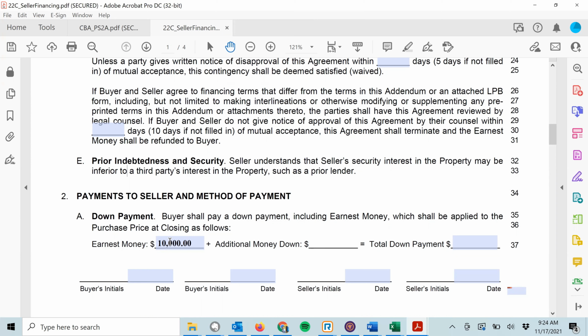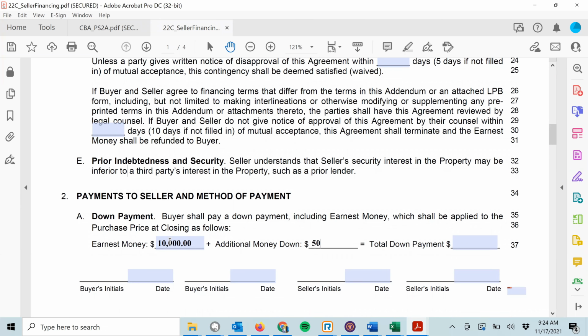Earnest money, we're going to do 10,000. Okay. And purchase price is 607,941. Of course it is. Because they want to roll the taxes and insurance for 2021 into it. 607,941 times 10% is 60,794.